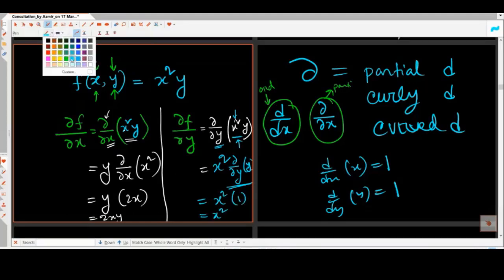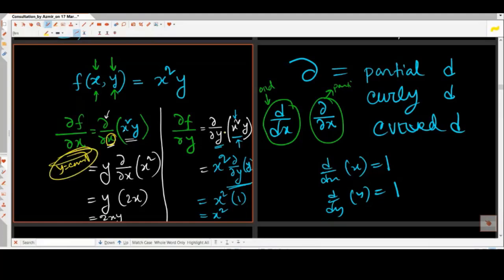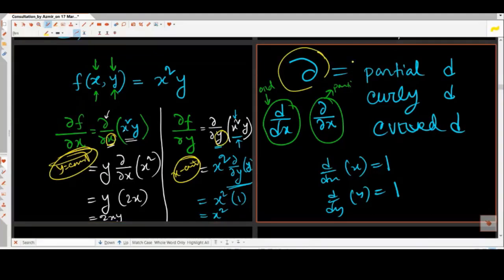So this is what partial derivative is. Whenever we are differentiating in terms of x, then y is constant. Whenever we are differentiating in terms of y, then x is constant. We can pronounce this symbol as partial d, curly d, curved d.